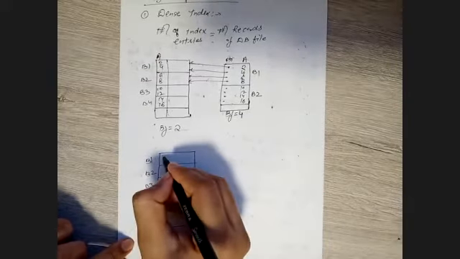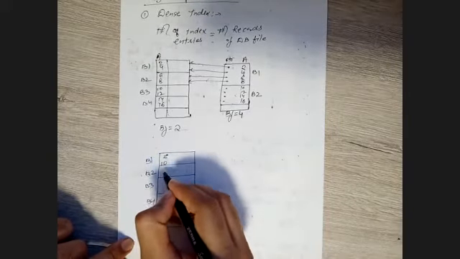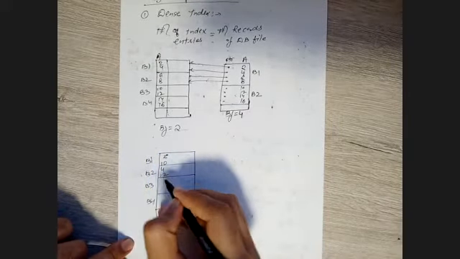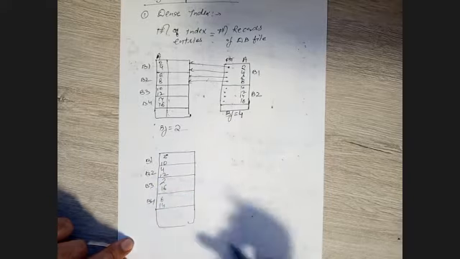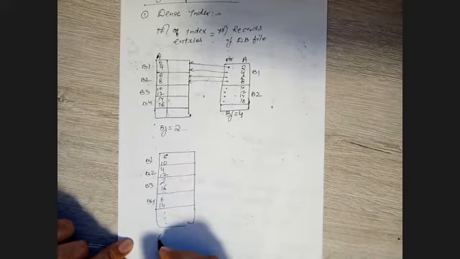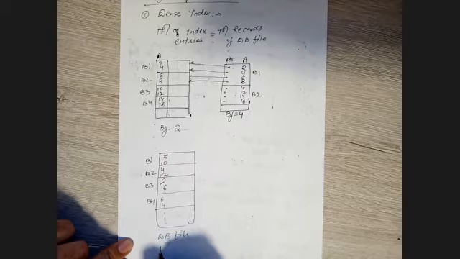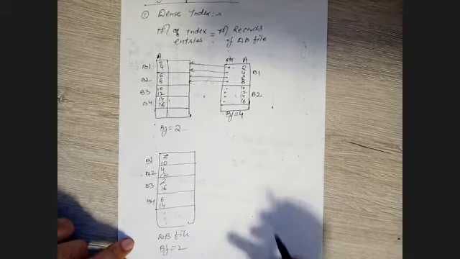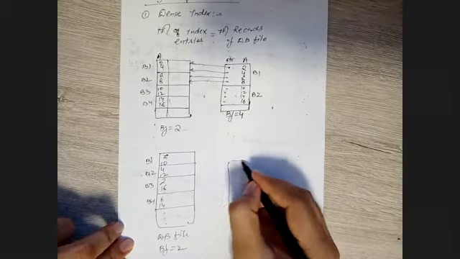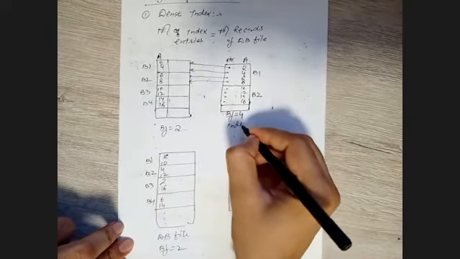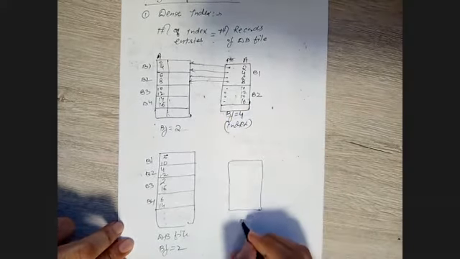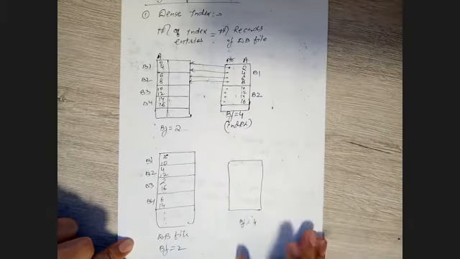Now take the values, let's say 6, 10, 4, 12, 2, 16, 8, 14, and so on. This is your DB file with block factor equal to 2, right? Now this will be our index file. Our block factor is 4 over here, let's say.